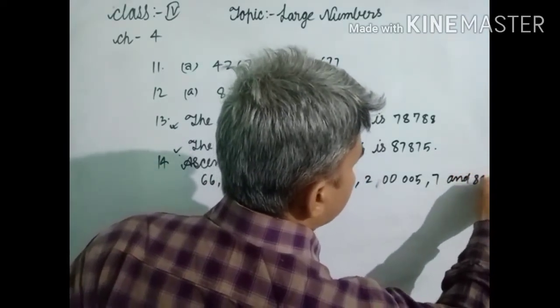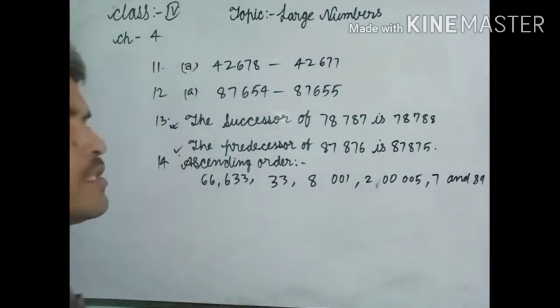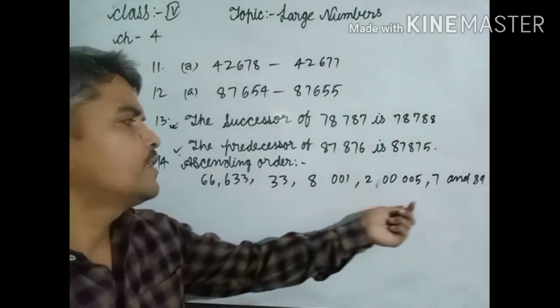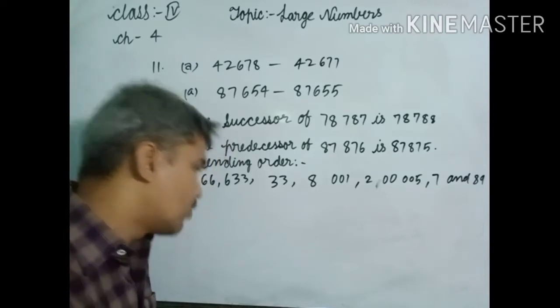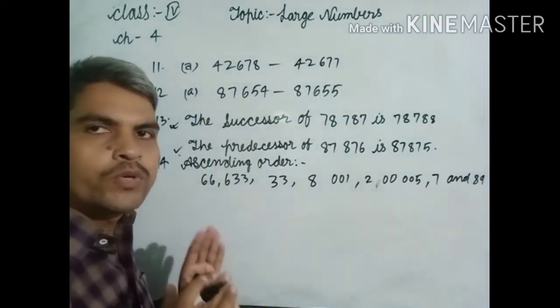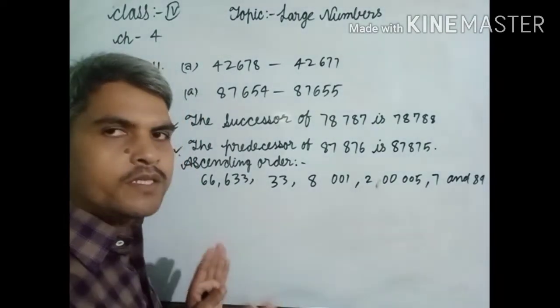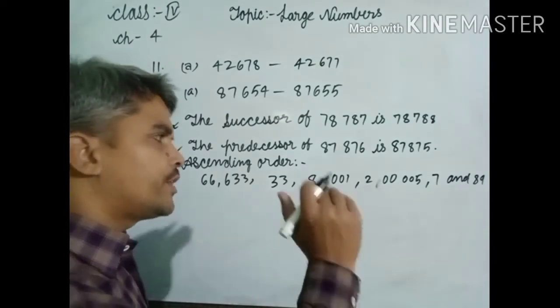Arrange these numbers in ascending order. How to arrange? Ascending order means smallest to greatest number.